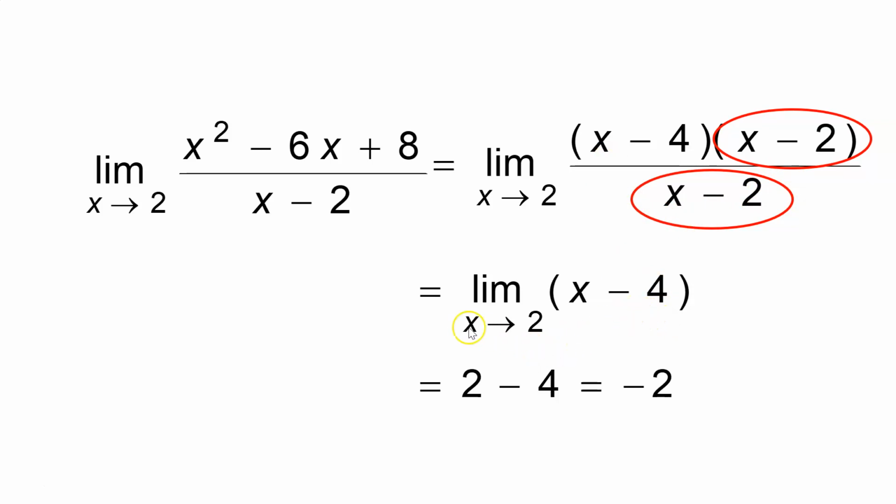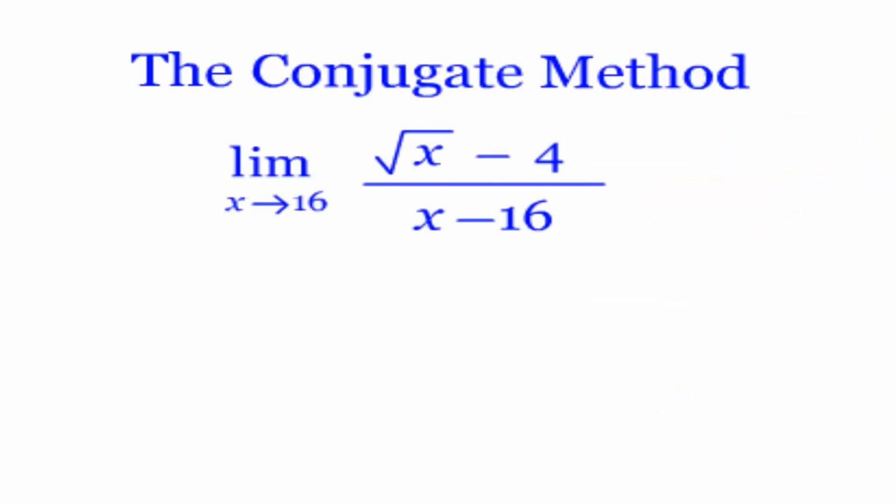Now you can substitute the value of x. So you boleh ganti masuk 2 minus 4, you get negative 2. So now you can see that the answer is different from when you use the substitution method. Previously you get 0 over 0, but now when you use factorization, the answer is equal to negative 2. That one is factorization.